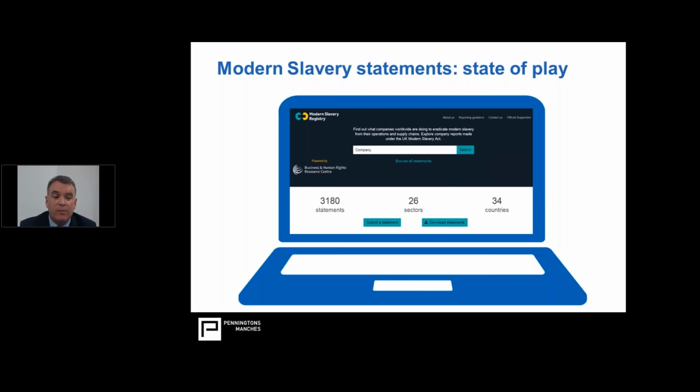So we expect more businesses to comply with the Act in time. We think there's a clear direction of travel. Consequently, businesses should expect more, not less, assessment of their statements by civil society.